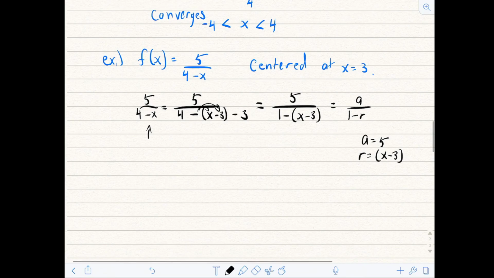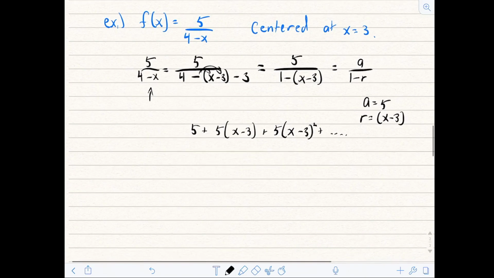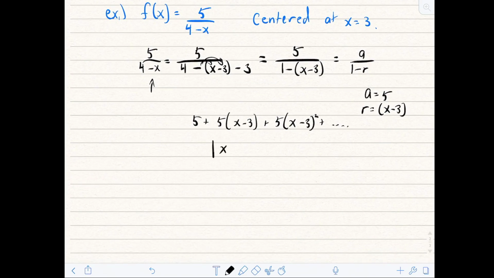And in this case, that sets up the whole problem to be 5 plus 5 parentheses x minus 3 plus 5 parentheses x minus 3 to the second power plus dot, dot, dot. And then where does this converge? It's going to converge when the absolute value of x minus 3 is less than 1. So we'd say negative 1 is less than x minus 3, which is less than 1. So I'm going to get 2 is less than x, which is less than 4.